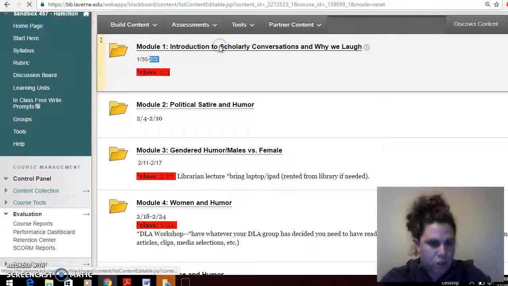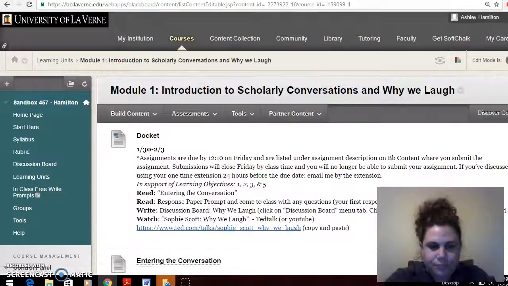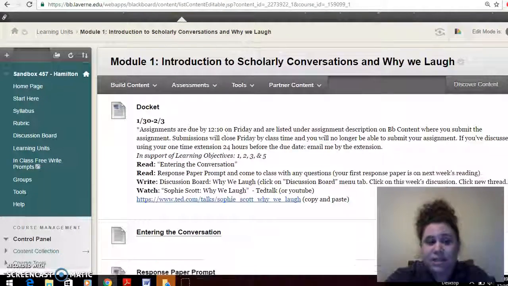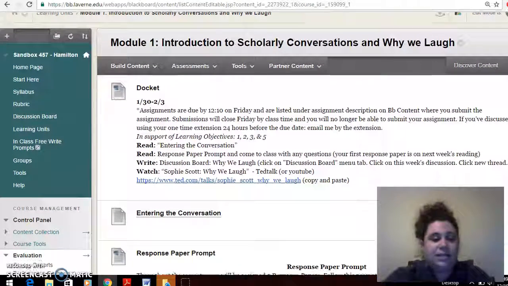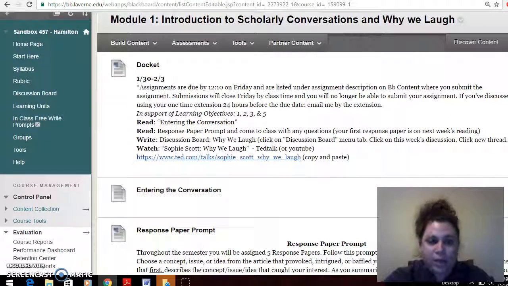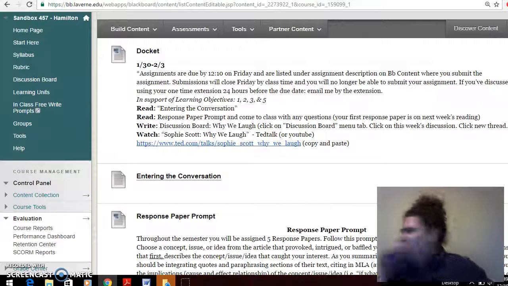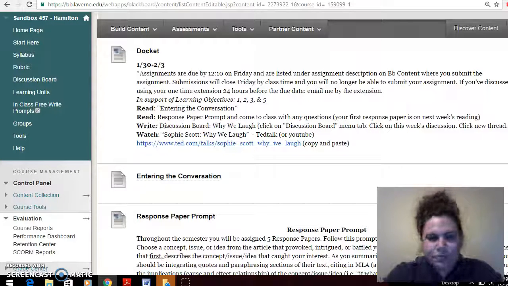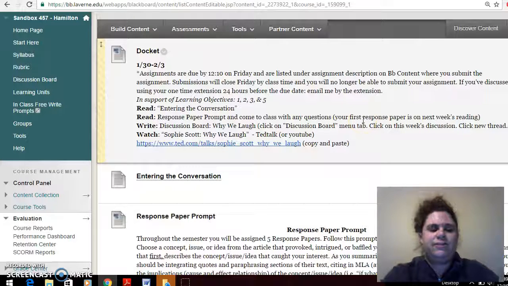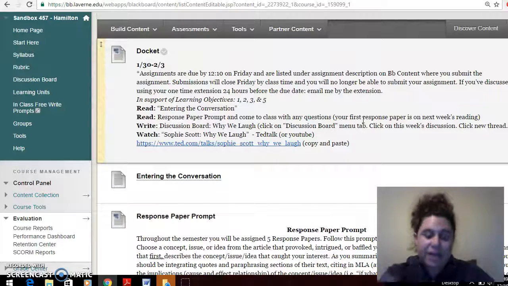So let me click on Module 1 to show you what's in here. All right, so the first thing that students see is the docket, which is the list of everything that they need to read, write, watch, or listen to that week. Since we are learning about humor, I integrate different material related to humor into the course each week to support those objectives.